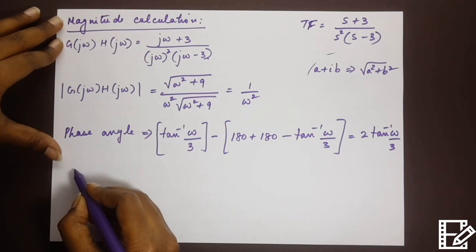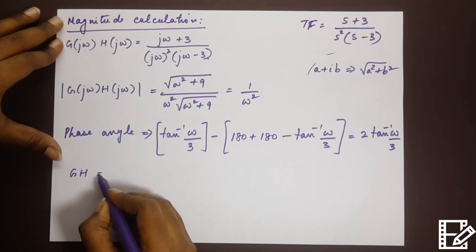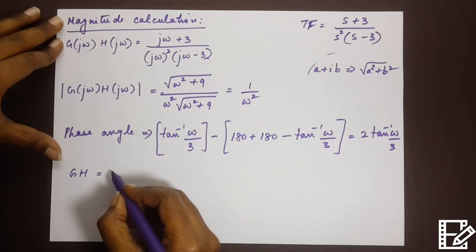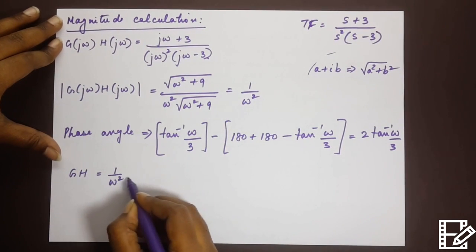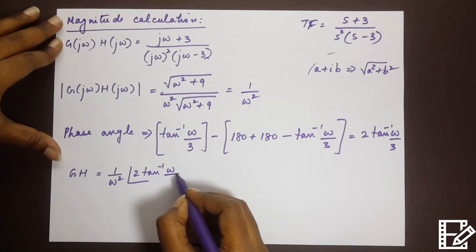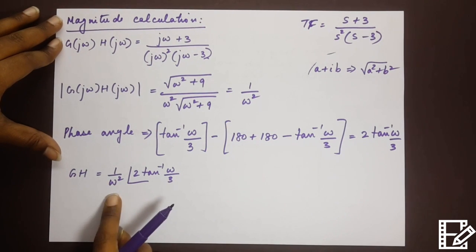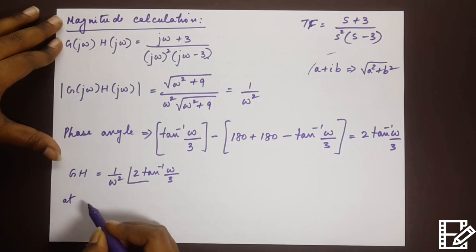So now in terms of the transfer function, GH can be written as magnitude and phase angle, right? Magnitude is 1 by omega square, phase angle of 2 tan inverse of omega by 3. So this is how the expression is written, magnitude and phase angle. Next we need to find out the values.